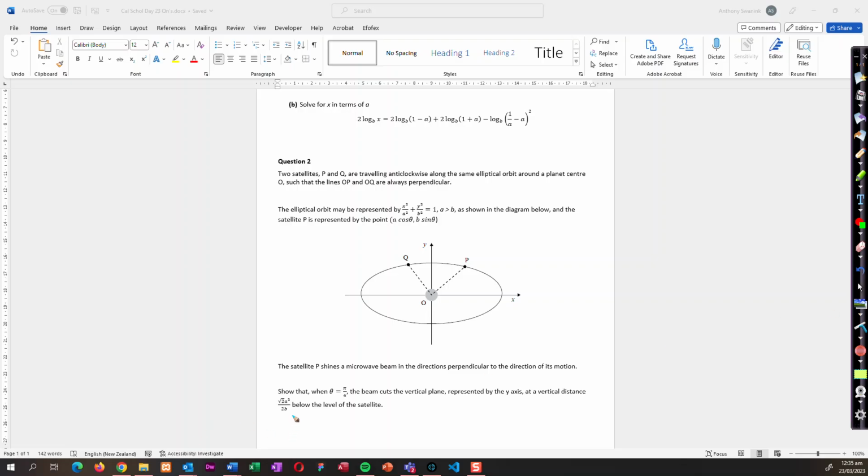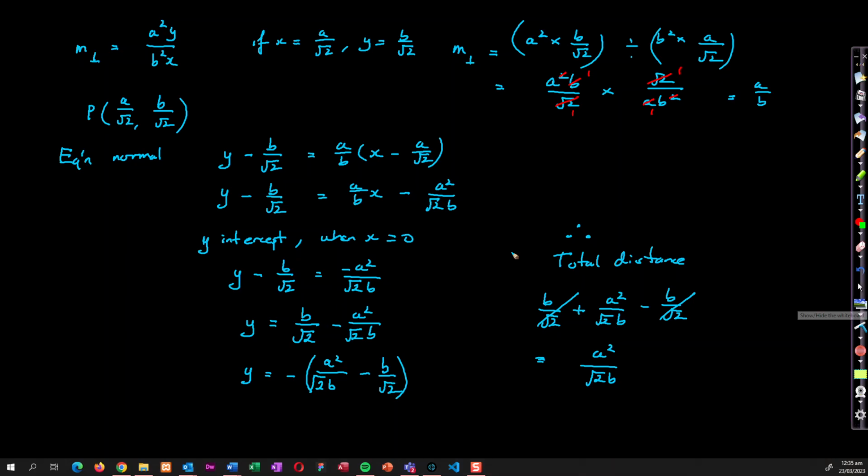A squared. Okay, so they've got root 2a squared over 2b, which is exactly the same as this, because we can write this as root 2a squared over 2b, because the root 2 over 2 is equal to root 2 over root 2 squared, which gives 1 over root 2.